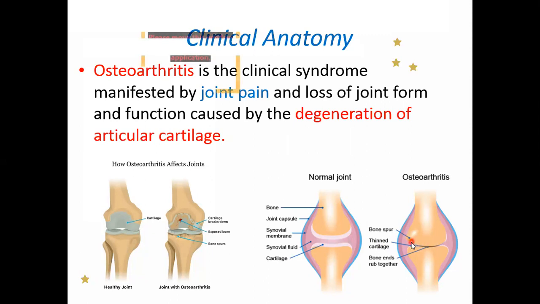Because of the continuous friction between these two bones, it causes something called a bony spur. All this you will study in more detail in pathology. That is one of the features of osteoarthritis: when the bones rub together, they form this bony spur. By this we have finished, right?